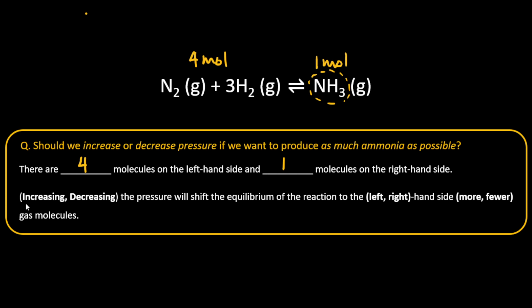So what should I do? I should be increasing the pressure. It will shift the equilibrium of the reaction to the right hand side, which has fewer gas molecules, which is what I want, ammonia.